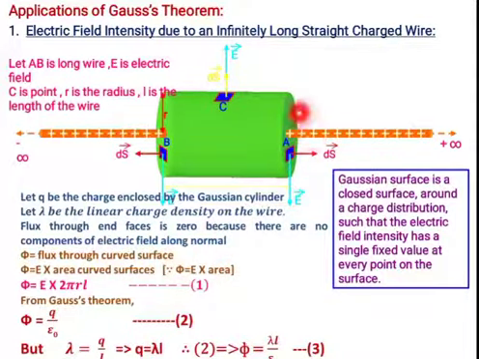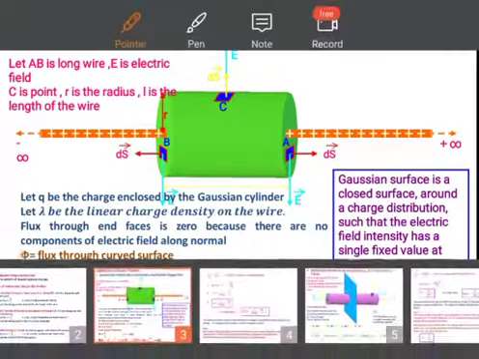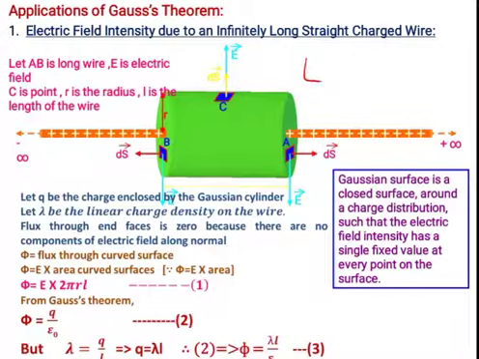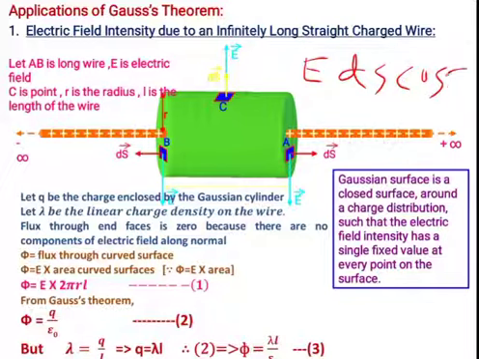Why are they 0 here? Because we know the angle between these two is 90 degrees. Cos 90 is 0. If I substitute that value in the formula, phi is equal to E ds cos theta, with theta as 90, E ds cos 90. Cos 90 is 0.